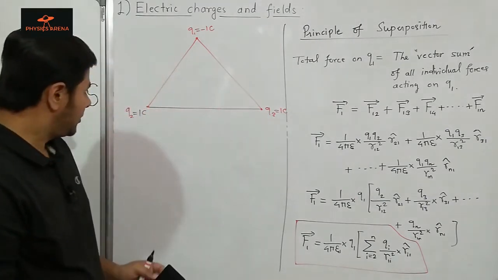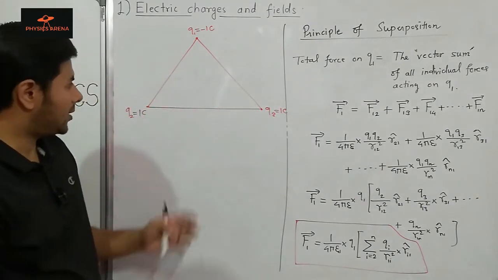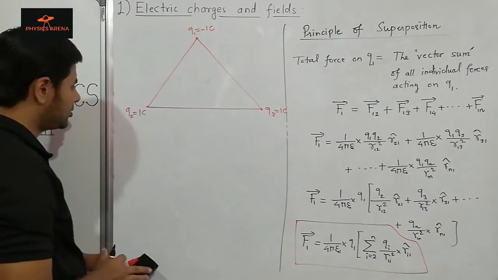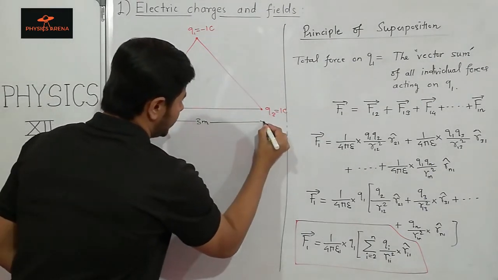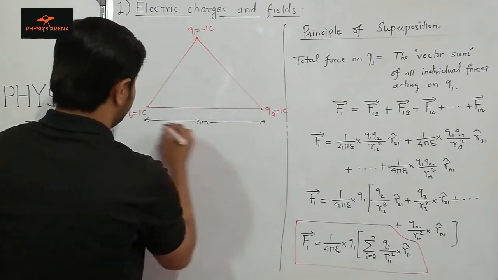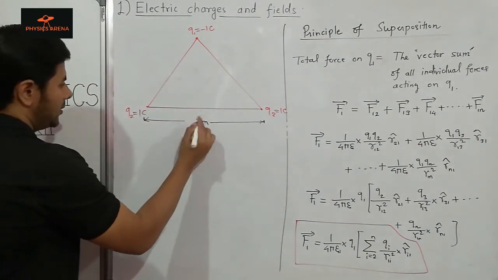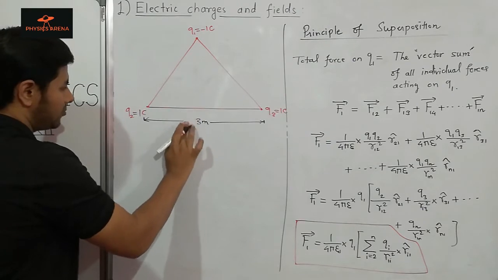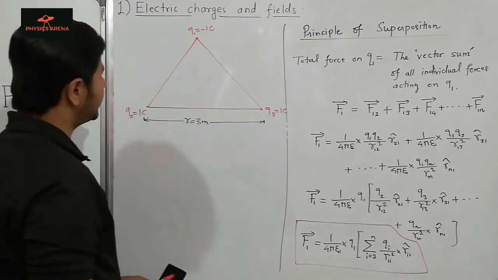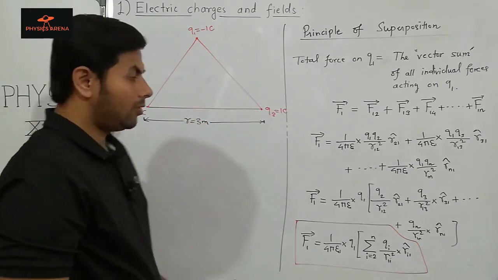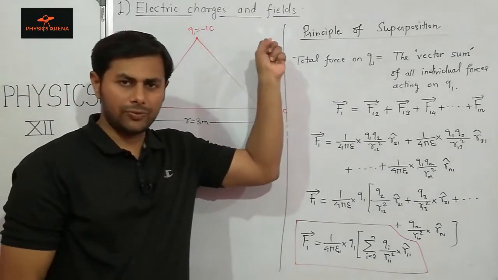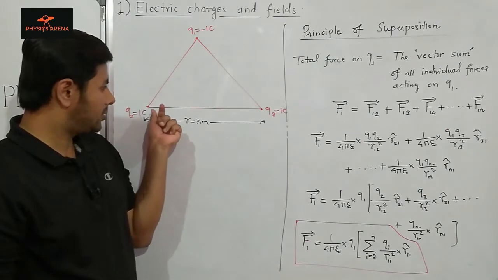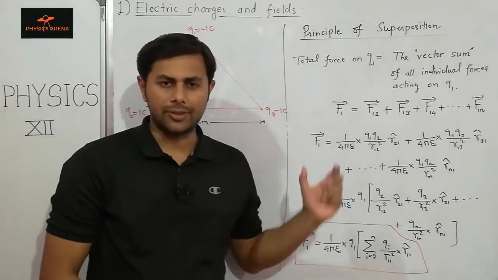And let's take the side of this triangle to be equal to 3 meters for simplicity. So this side L, or let's call it R, equals 3 meters. Now we are interested in finding out the total force on this Q1 due to Q2 and Q3.